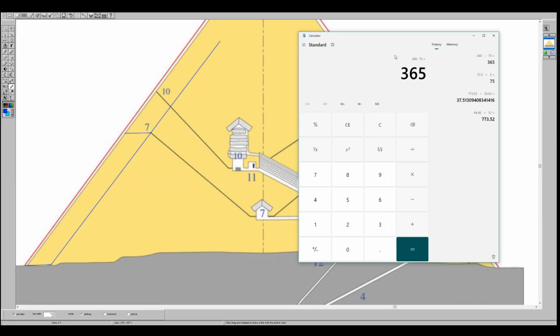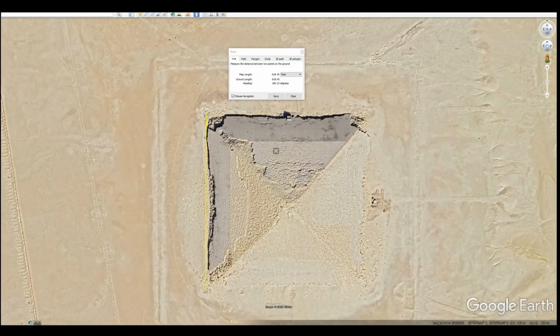Any pyramid that even comes close to this 365, I believe, is the Bent Pyramid. I think I brought it up here. The Bent Pyramid at Dahshur, and here we have the measurements, and the corners or the bases are worn away, or the stones have fallen or have been taken away along the base.